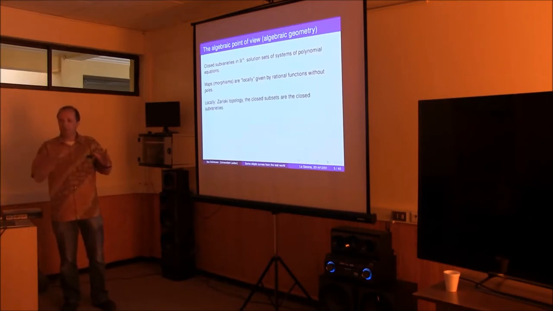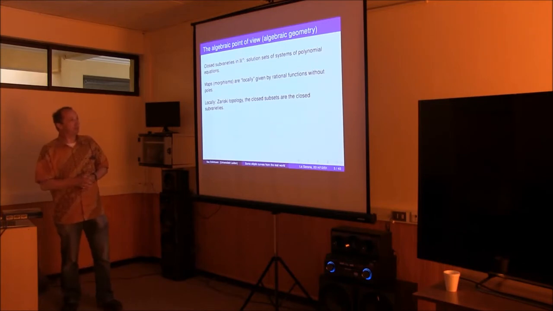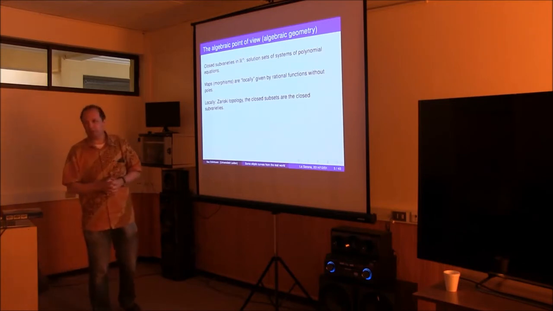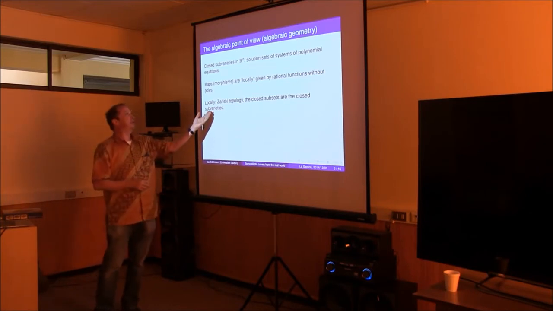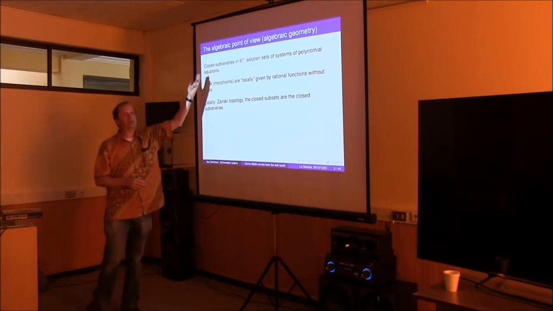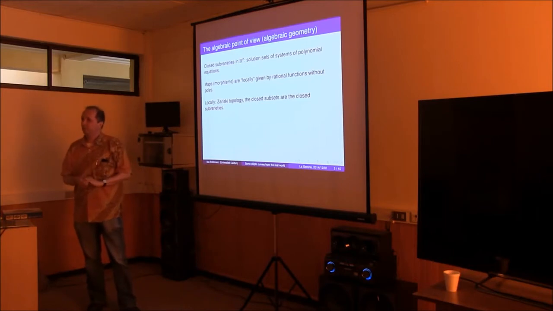And what locally means is specified here. Locally usually refers to a topology. And we are not going to use the topology that you are used to. The topology that algebraic geometers use is called the Zariski topology. And that is the topology for which the closed subsets are exactly these sets given by polynomial equations.